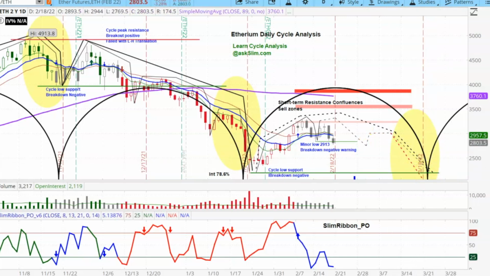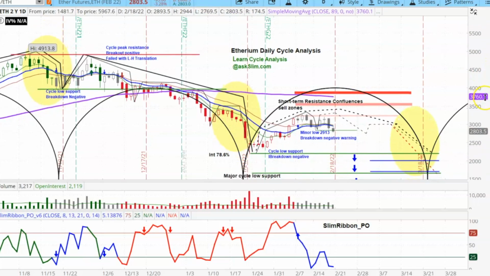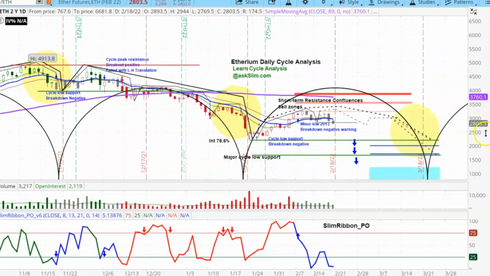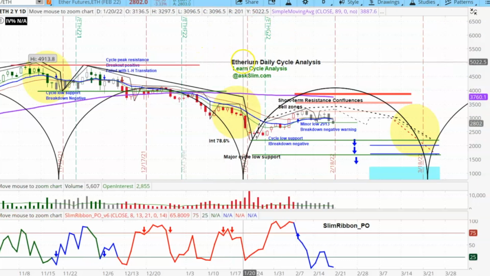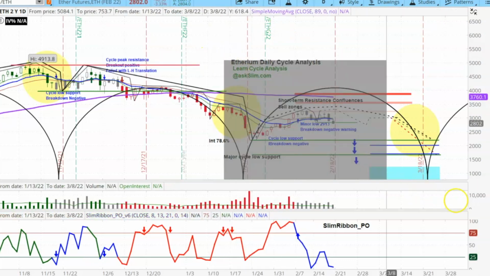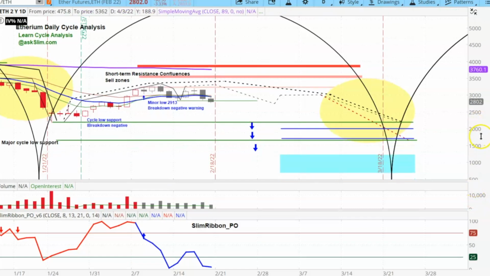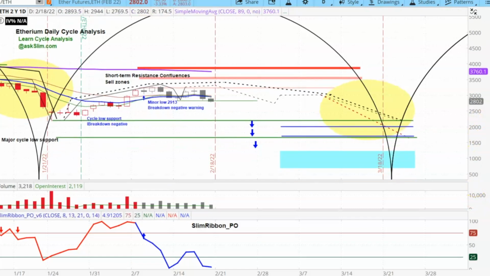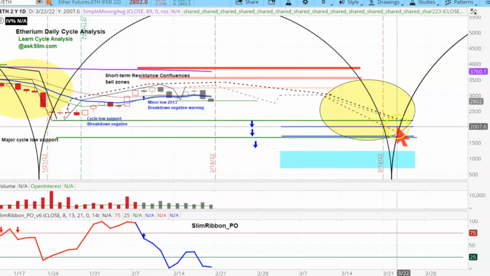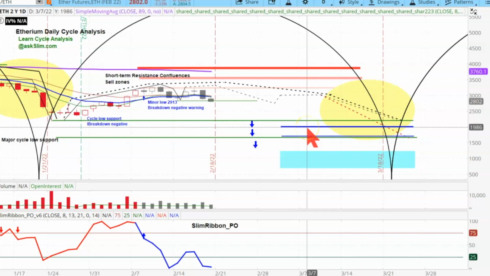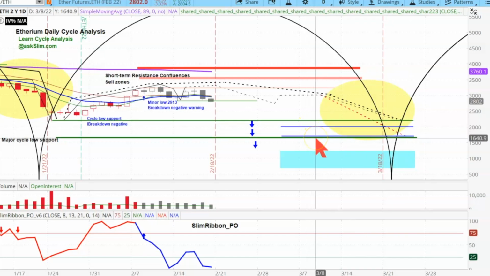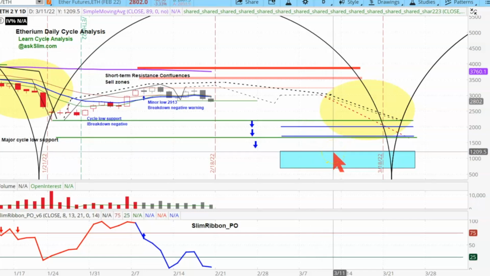So what that says to us is that we need to target where the highest probability lows are. I'll just grab this so you can see right in here. The highest probability lows are down at that last low right over there, which is right around the 2200 level, and then these extensions right over here, which are at just under 2000, right near that support area around 1650, and then down over here way at 1200.